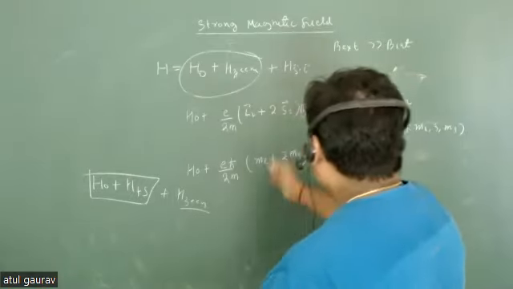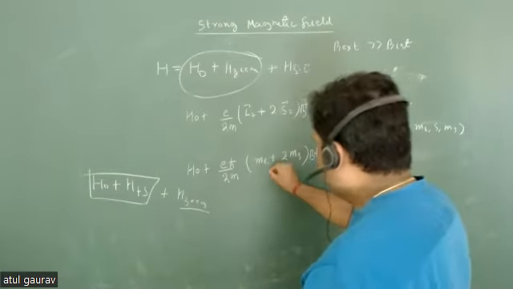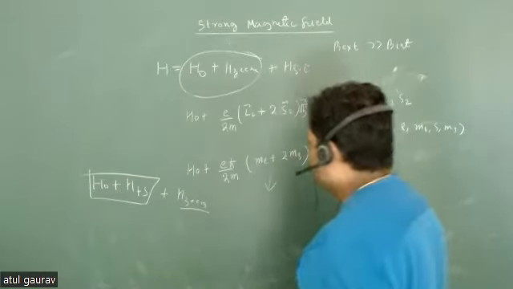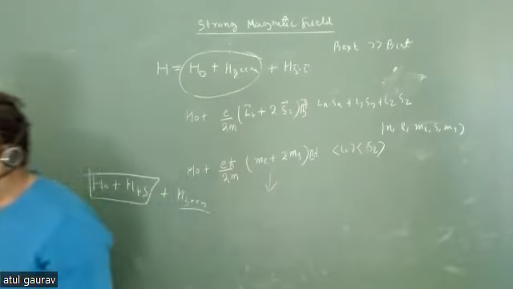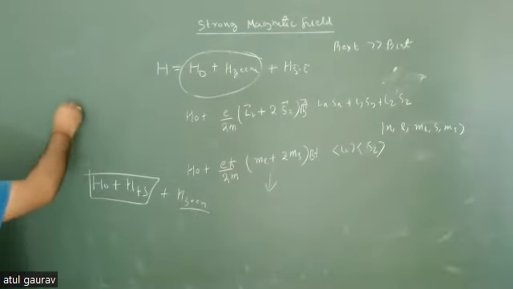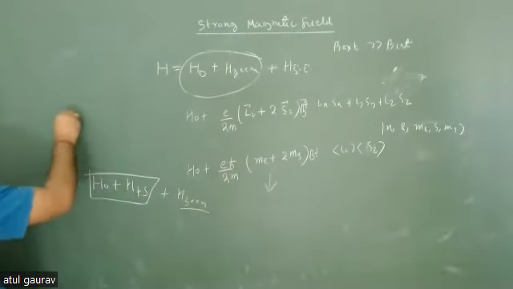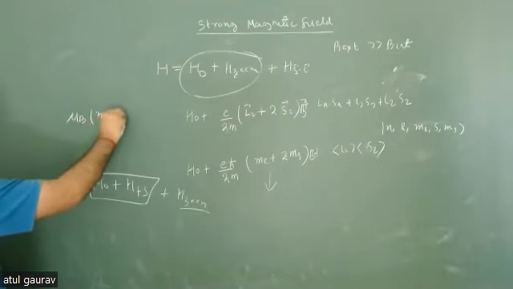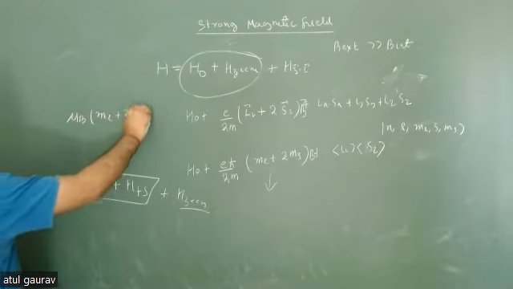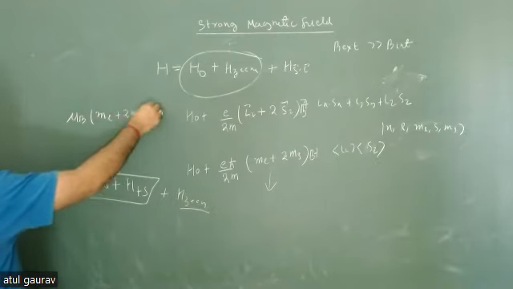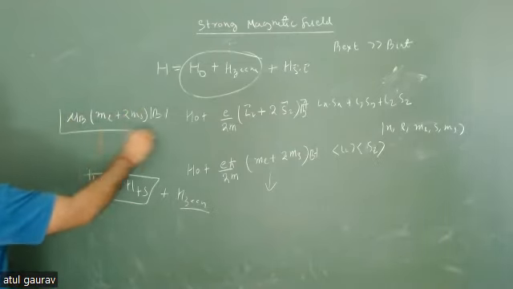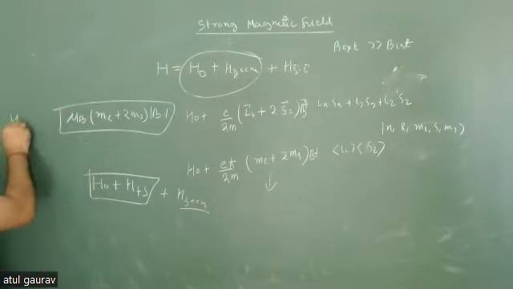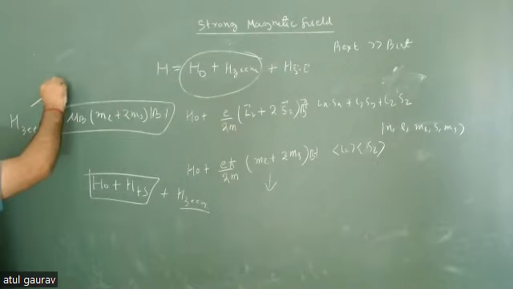So you have this particular part, and this is very famous, known as the Paschen-Back effect. So E_H by 2m is mu_B, and you have ml plus 2 times ms into the magnitude of B, and this will be the correction due to H Zeeman in a strong magnetic field.